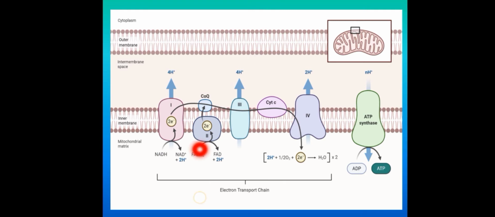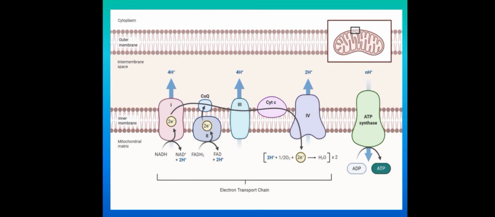The electron transport system, which is located on the inner membrane of the mitochondria, has 5 protein complexes: complex 1, complex 2, complex 3, complex 4 and complex 5, and in between these complexes we have an electron carrier 1 and another electron carrier 2.